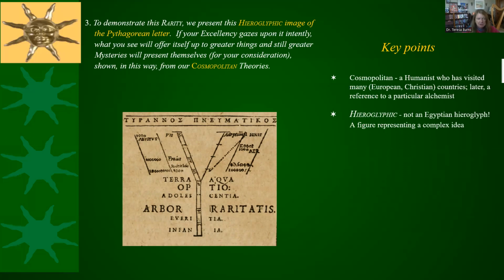But basically, what Dee means by a hieroglyphic letter is a figure that represents a complex or a very packed idea. This is how, in the original Latin, his Pythagorean Y looks. So what you might notice about this is the top of it is in all caps in ancient Greek. It's also labeled something in Latin.